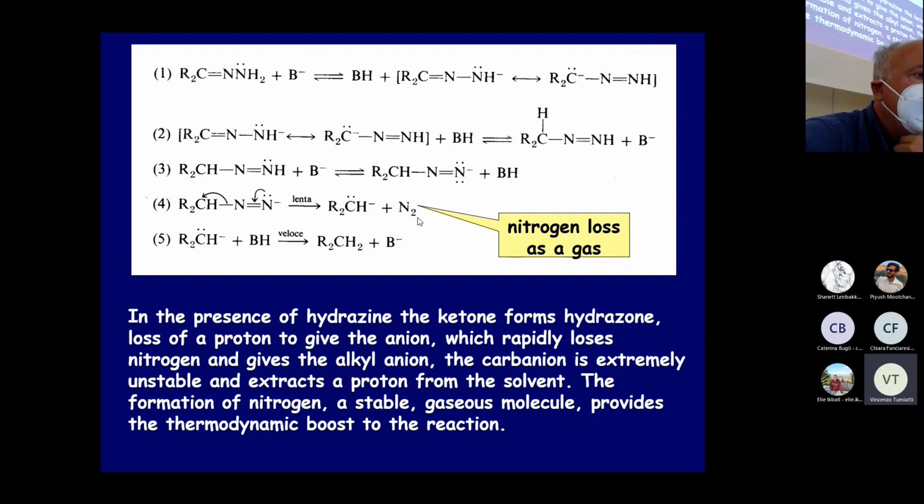And so you know, in this way, we have a shift of the whole equilibrium towards the right. So for this reason, it is possible to have this type of reduction of the ketone function.